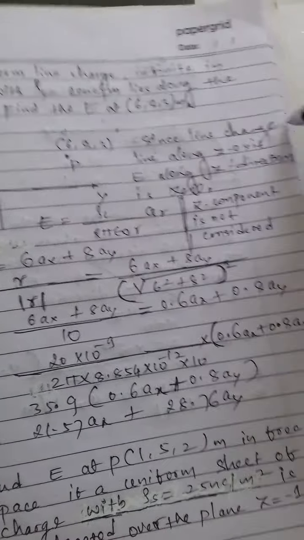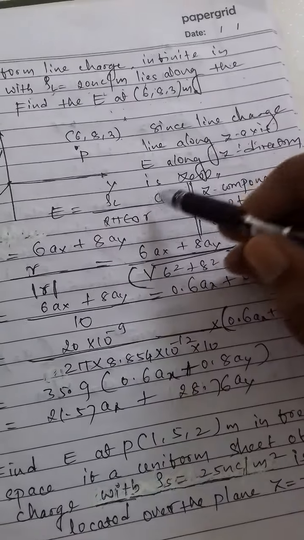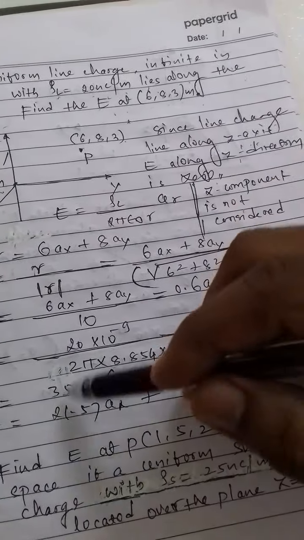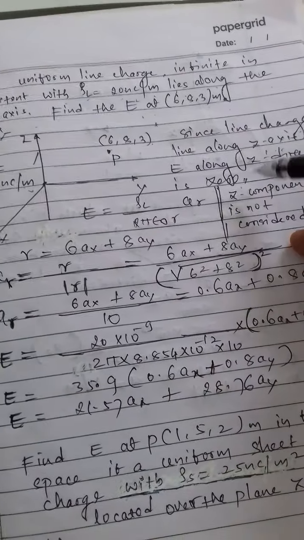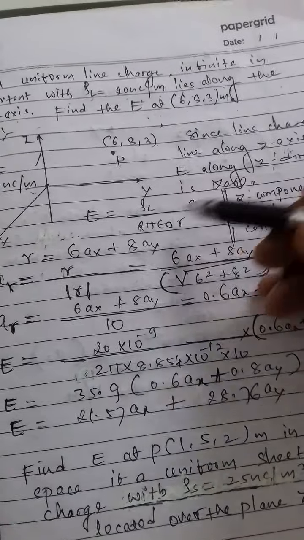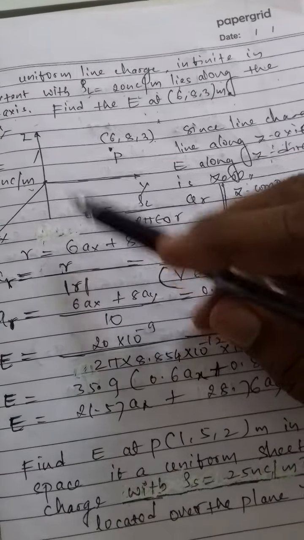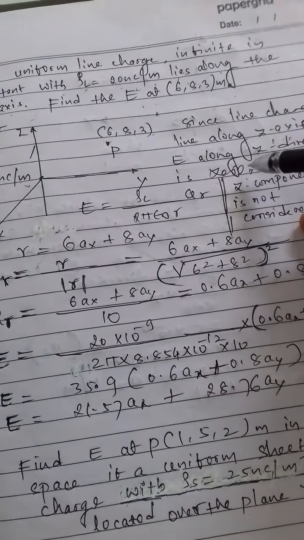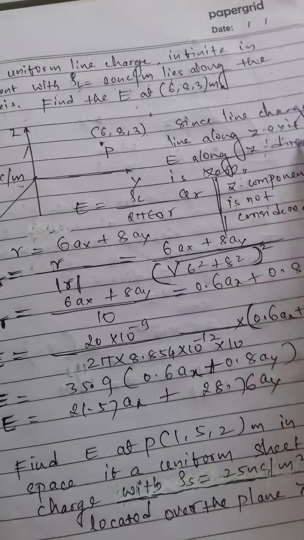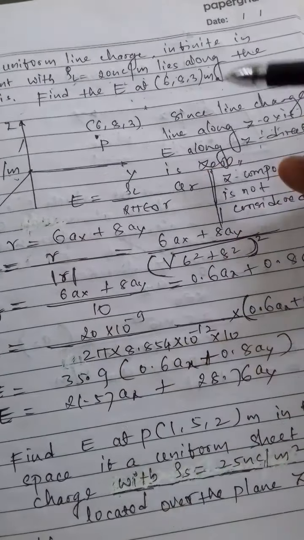Since the line charge lies along the z axis, E along the z direction is 0. Because when the line lies along the z axis and is infinite in extent from minus infinity to plus infinity, the magnitudes of the electric field intensities along the positive z direction and along the negative z direction are equal and opposite.